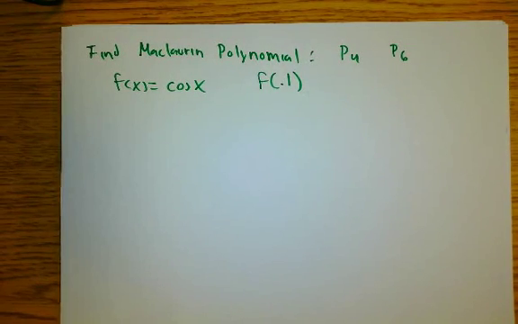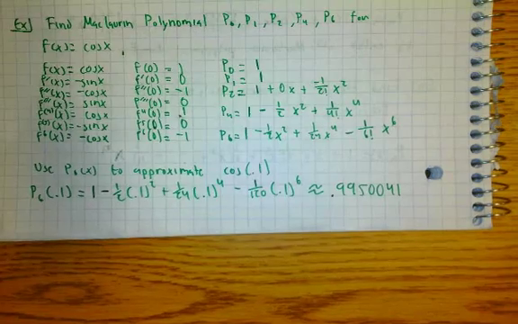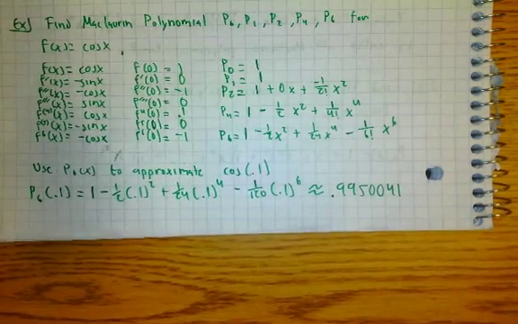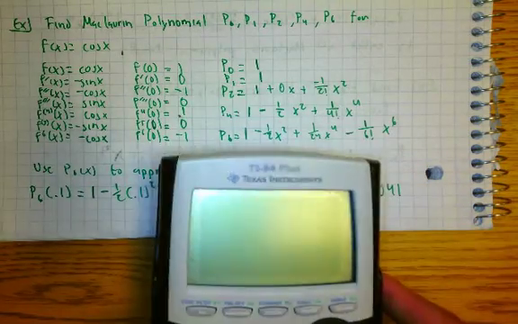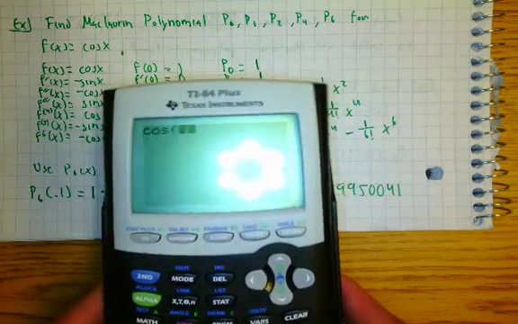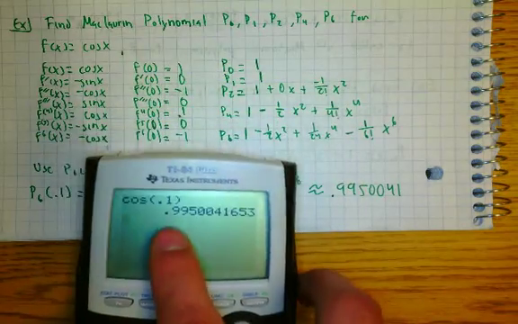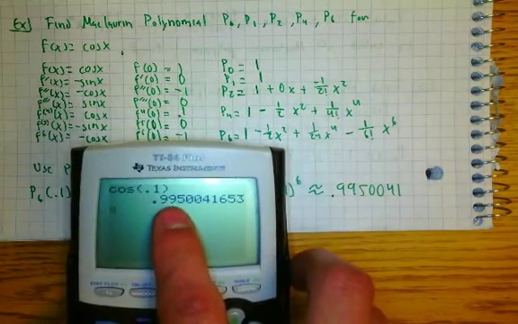Check your work. Alright, so if you use your calculator, cosine of 0.1, I got 0.99500416.